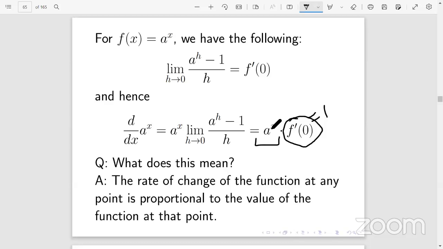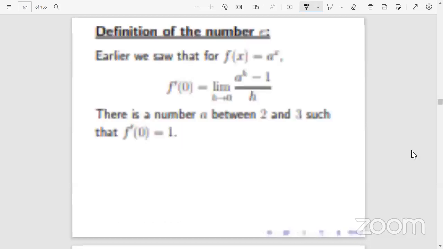What should that a be, such that f prime at 0 just becomes 1, so that the derivative of a to the power x, with that a being a constant, is the same thing as a to the power x? That's what we are saying here.